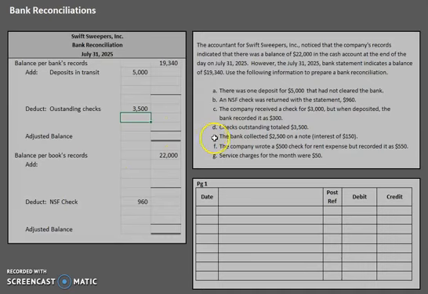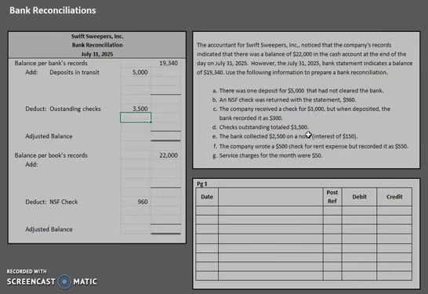Okay. Now for E, the bank collected $2,500 on a note, and that note included interest of $150. So essentially, the bank collected $2,500 on our behalf. This happens every once in a while. The bank will make regular collections, or someone makes a regular deposit into our account. So let's think about it. Who knows about it right away?